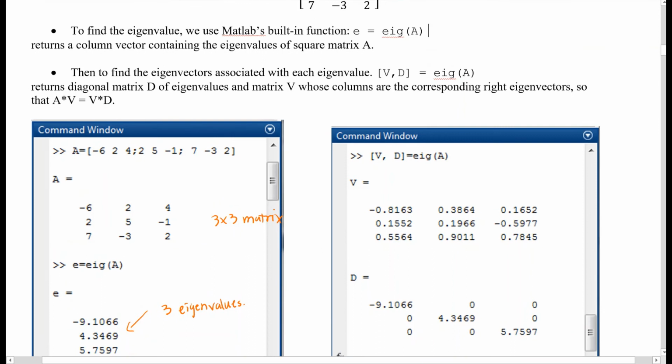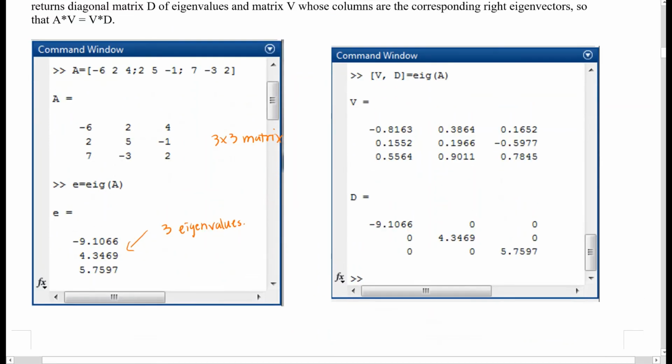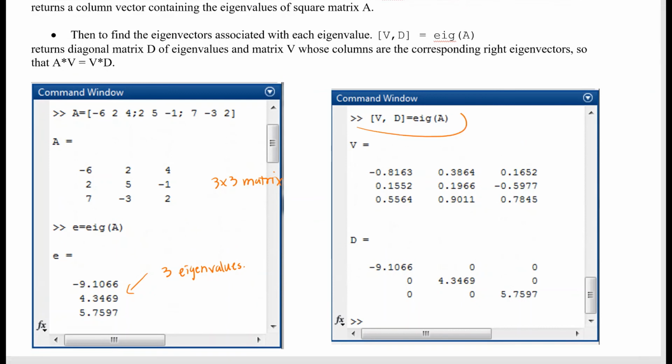Next. Then, to find the eigenvector associated with each eigenvalue, we can put VD equals EIG of A. It returns a diagonal matrix D of eigenvalues, and the matrix V whose columns are the corresponding right eigenvectors. So that's A times V equals V times D. This is what happened after you insert VD.